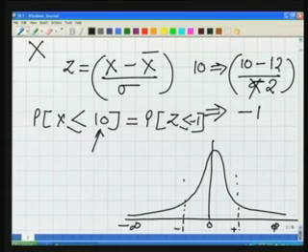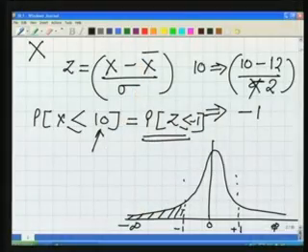So, plus minus 1 is the standard deviation. This is what the standard normal curve is. What we are looking for is the probability that z is less than equal to minus 1. So, you can see here that it is equal to the area shown by the shaded region.